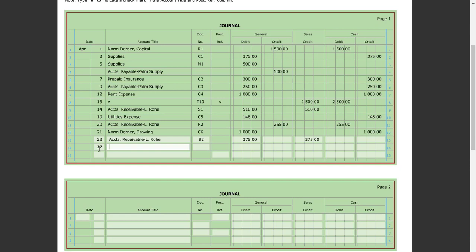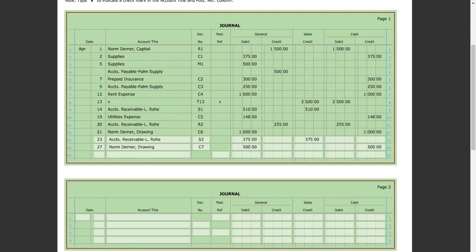Who's the name of our owner? Give you a hint. Look at line 12. Norm Dermer. You see his name there in line 12? Okay. So Norm is the name of our owner. So we're going to do Norm Dermer drawing, and the source document is going to be C7, and you have bells and whistles going off because cash credit, right? C check, C cash, C credit for $500, and that'll be a general debit for $500.